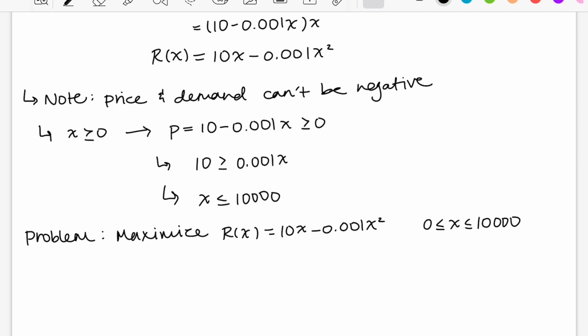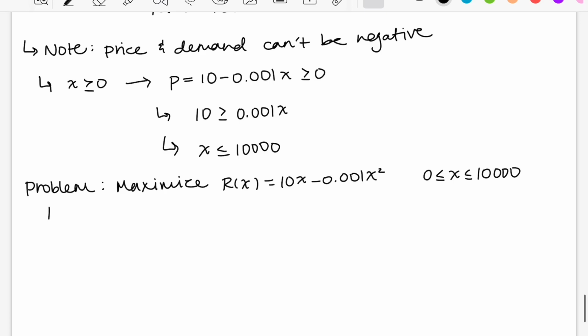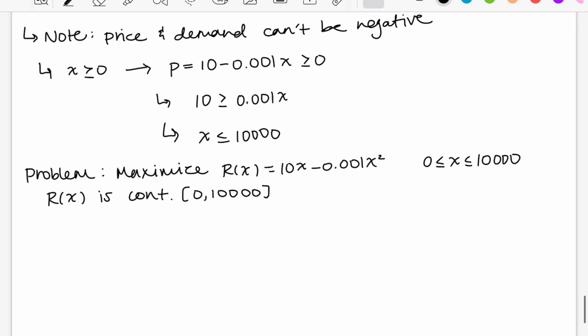All right. And we know that our function is going to be continuous on this interval, since this is a polynomial. So we'll do the same thing that we did in the second example. We know that if the maximum exists, it'll occur at a critical number or at an endpoint. So we'll evaluate our function at the critical numbers and the endpoints.